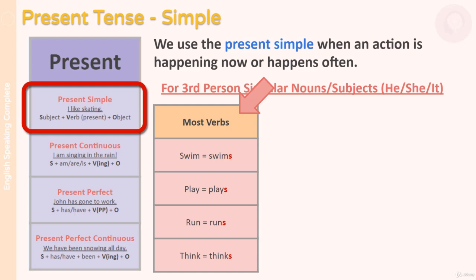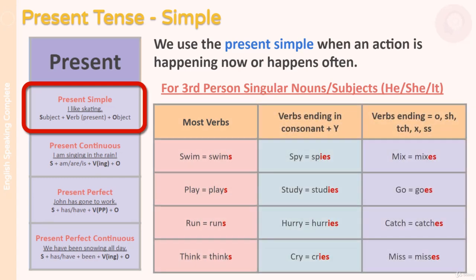Now, depending on the spelling at the end of the verb will change how we change the form. It might not just be an S that we add. And we can see here there are more rules.